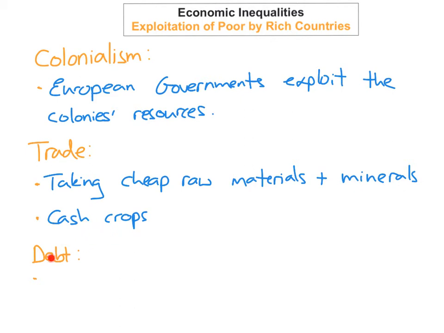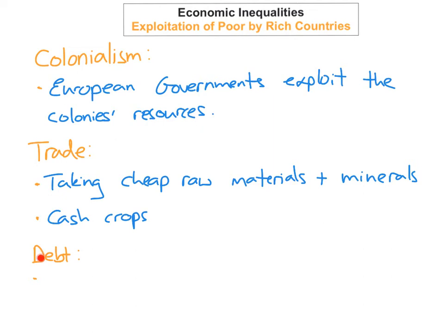And some leaders are also corrupt, and they steal the money that should be used to run the country. So lots of foreign banks lend money in loans to these poor countries, but they charge them very high interest. And because these countries are so poor, they find it hard to pay back the loan, or the interest, never mind pay back the loan itself.